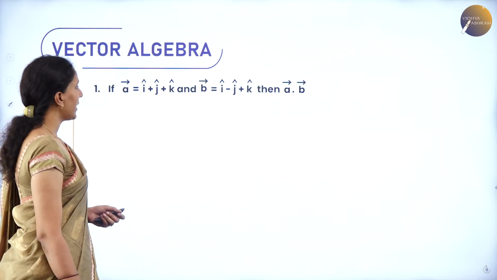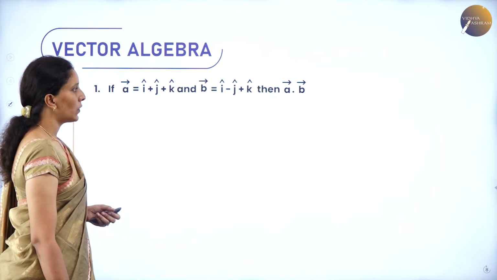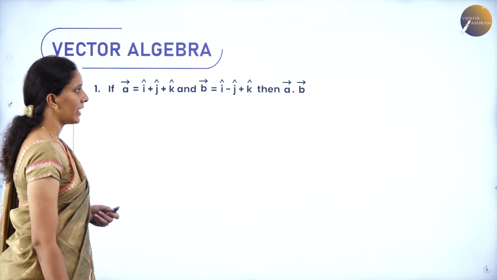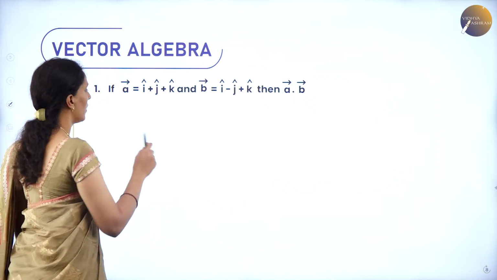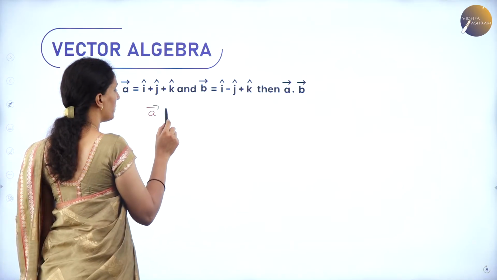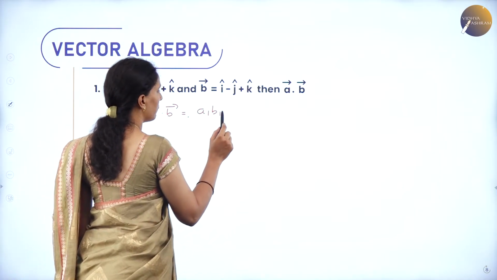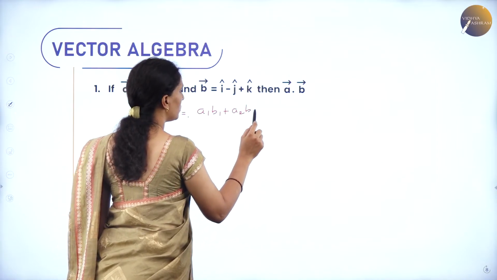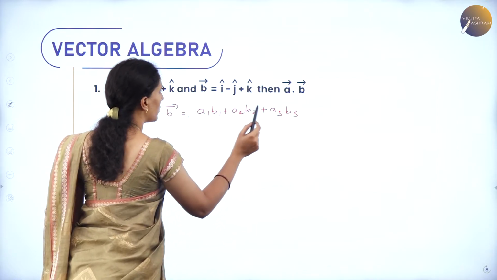If vector A is equal to i plus j plus k, vector B is equal to i minus j plus k, then find A dot B. What is A dot B? Now, A dot B is equal to A1 B1 plus A2 B2 plus A3 B3. So, what is A1, A2, A3?